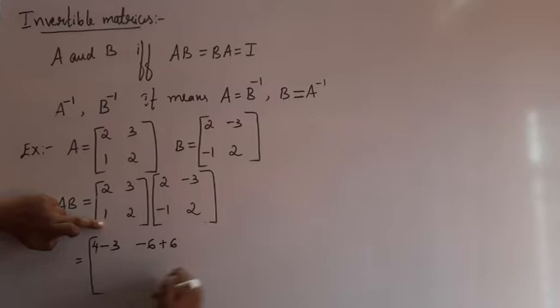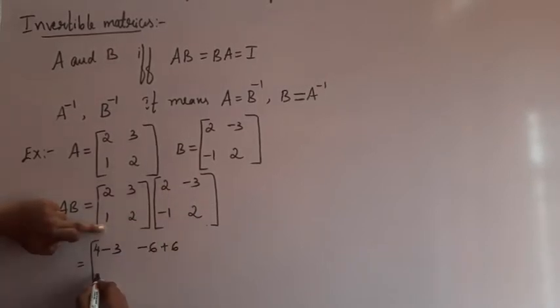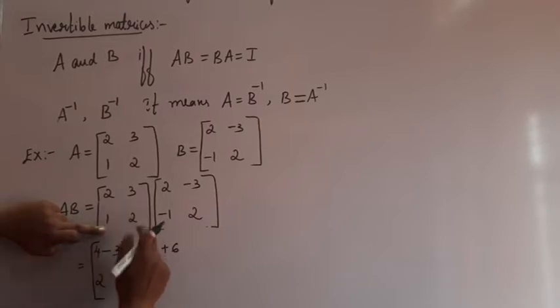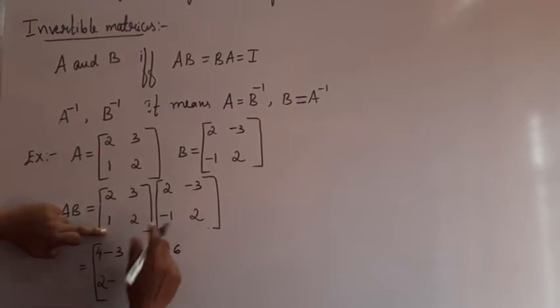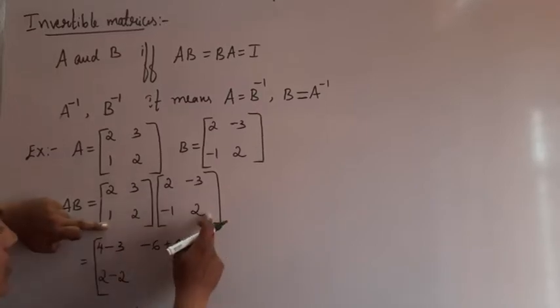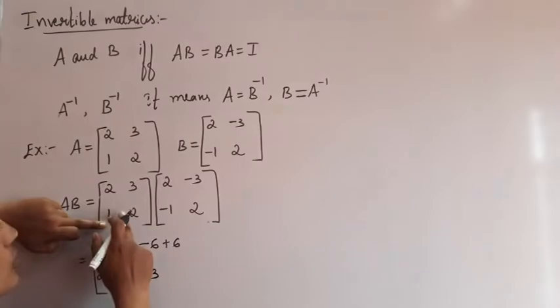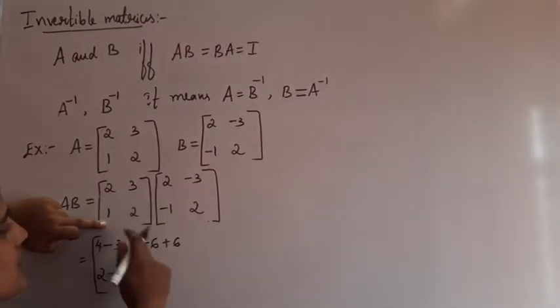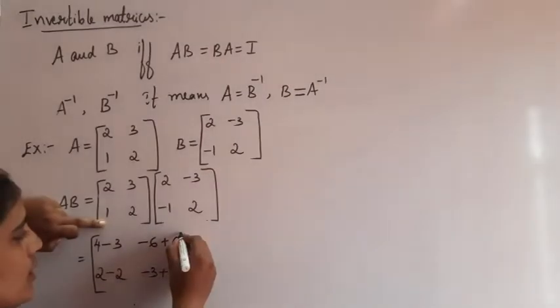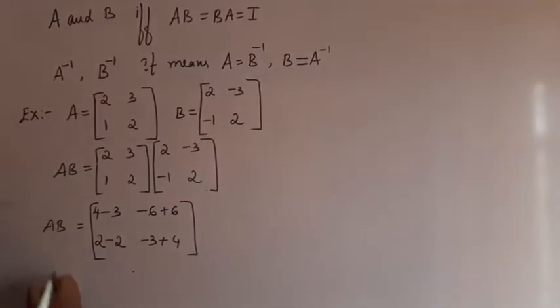Let us move to the second row. Second row, first column: 1 into 2, 2, plus into minus, minus 2 1s are 2. Second row, second column: 1 into minus 3, minus 3, plus into plus, plus 2 2s are 4. If we simplify, this is the matrix AB.